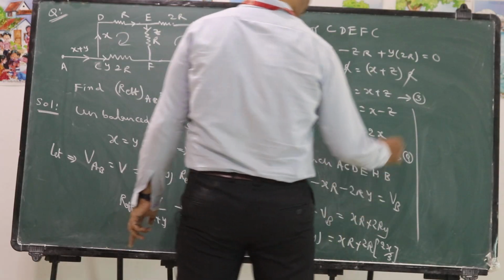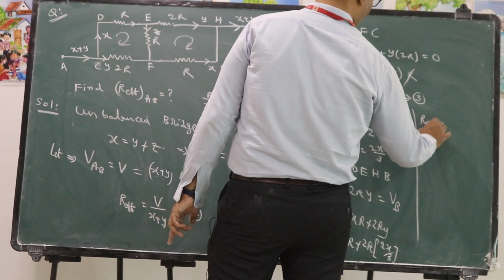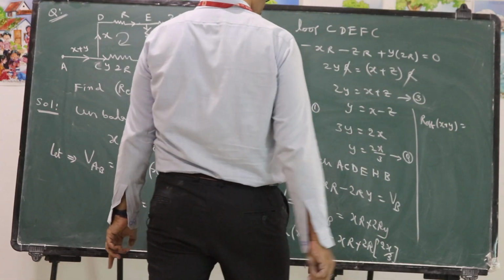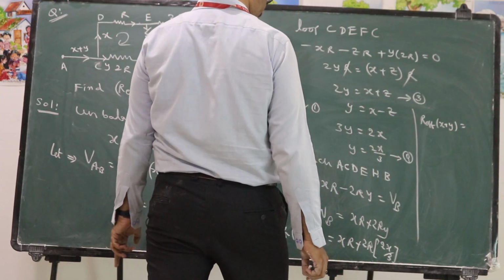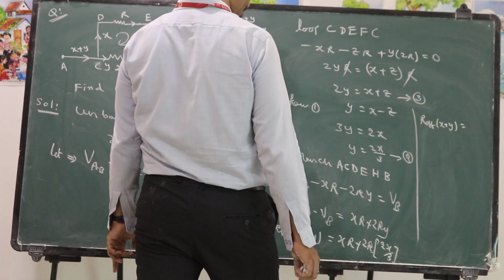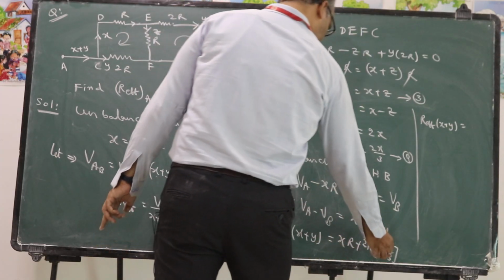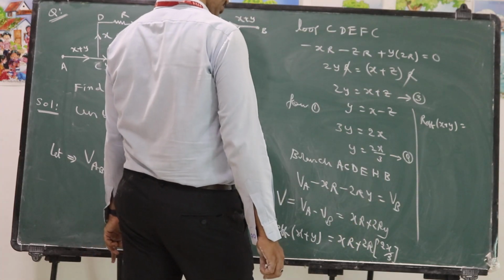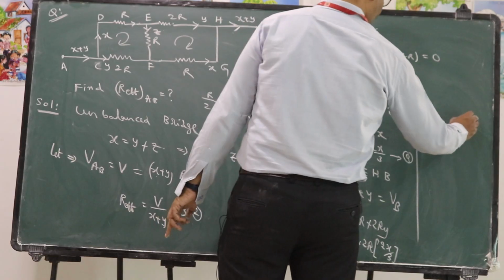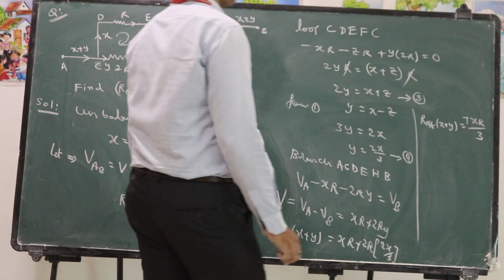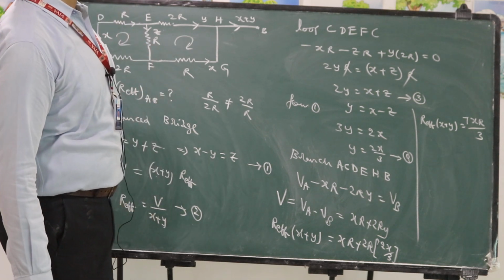So, R effective into X plus Y is equal to, if I take LCM, 3XR plus 4XR. 3 plus 4 means 7XR by 3.